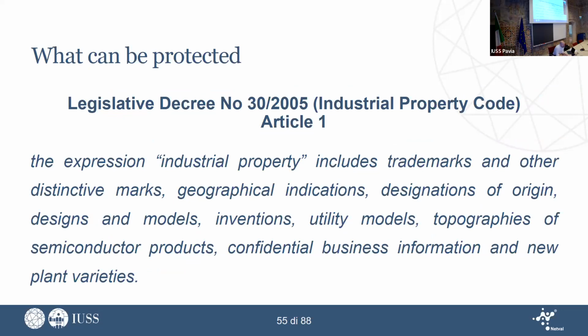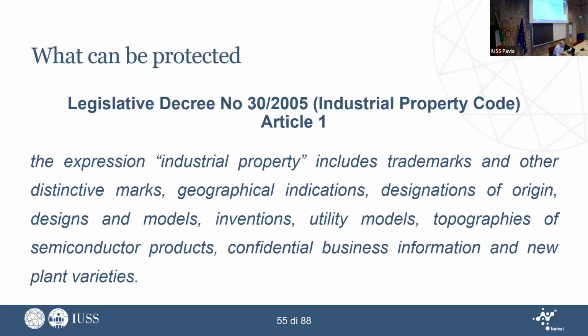What can be protected? Statement from Article 1 of the Industrial Property Code. The expression industrial property includes trademarks and other distinctive marks, geographical indications, designations of origin, designs, models, inventions, utility models, topographies of semiconductor products, confidential business information, and new plant varieties.